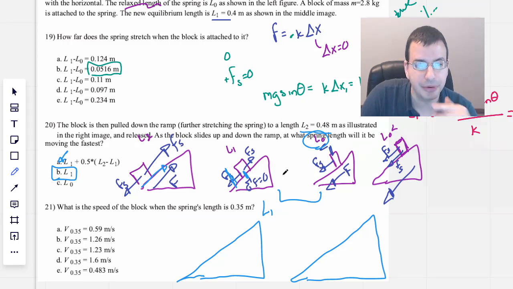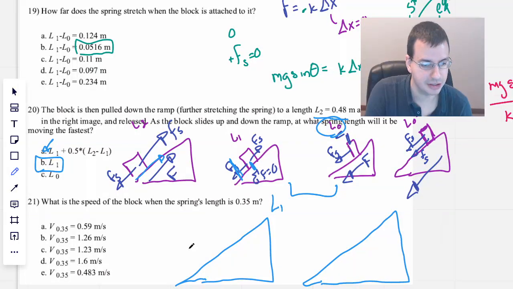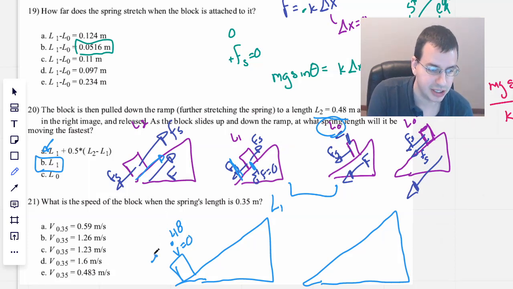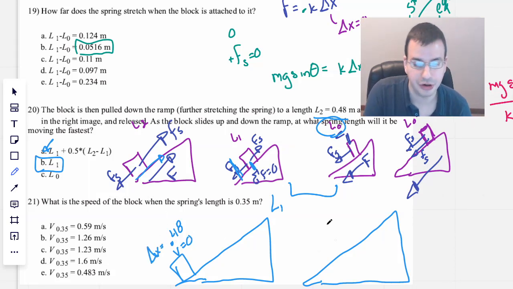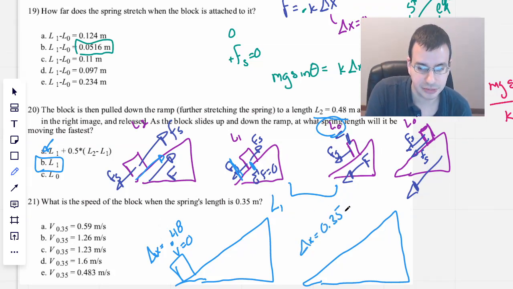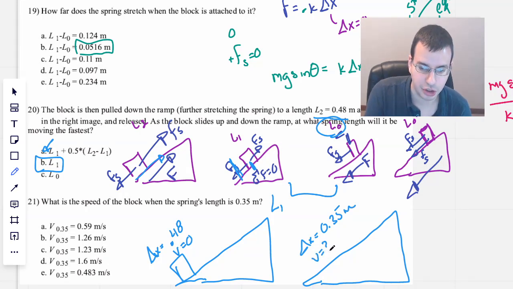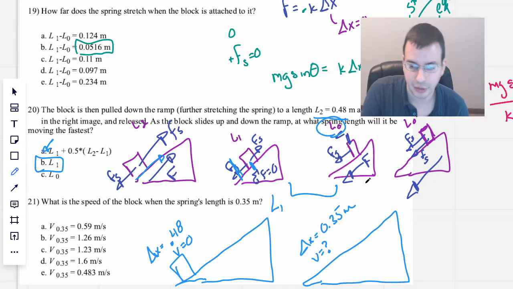Pulled down the ramp, further stretching the spring to 0.48. So we have the block at 0.48, and speed equals 0. Then here, delta x equals 0.35 meters, and v equals question mark. And we have a block here.